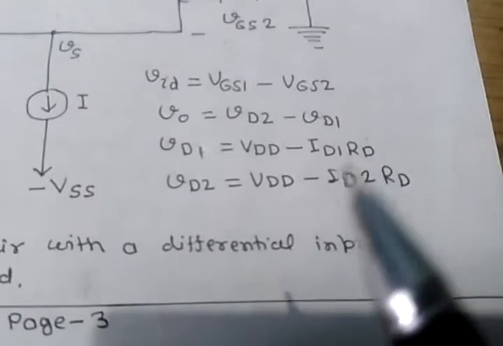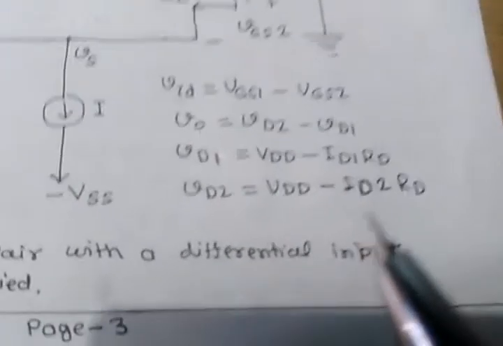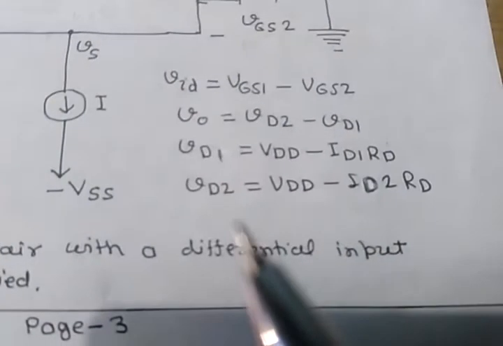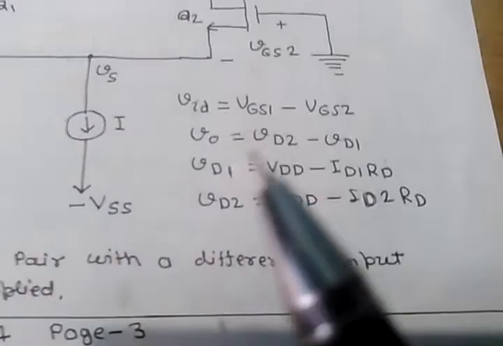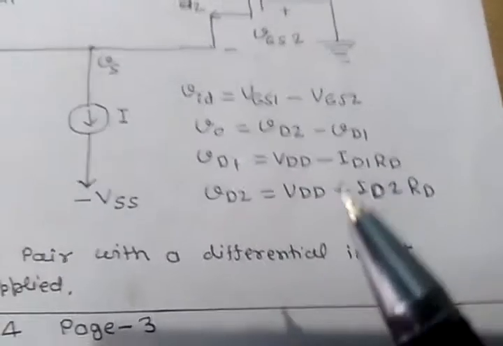See these two equations. When ID1 is less than ID2, VD1 will be greater than VD2. So in this case the output voltage will be negative.